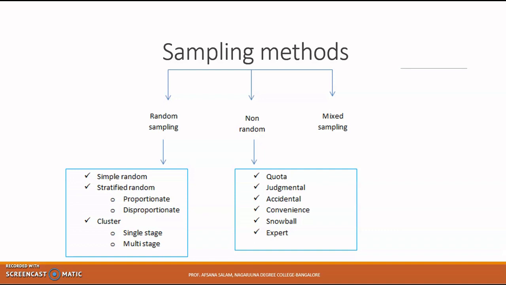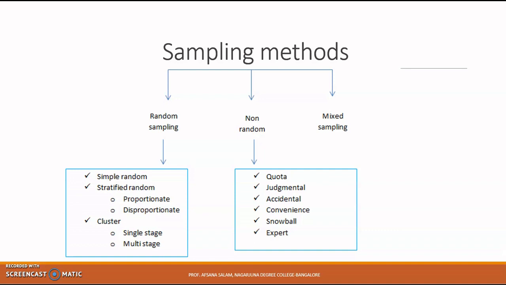Cluster sampling has two different types: single stage and multi-stage. In single stage, you will have only one stage, and you have different groups. For example, I have to collect data on the level of satisfaction of a student population towards a particular brand.